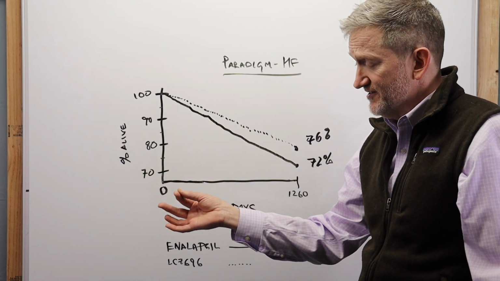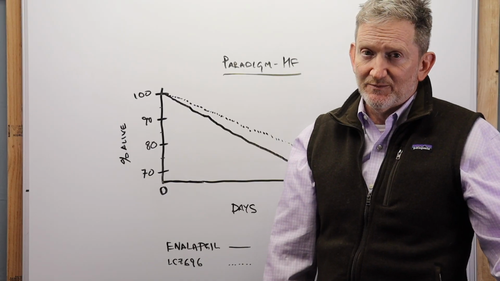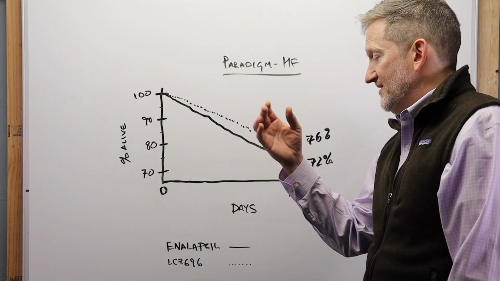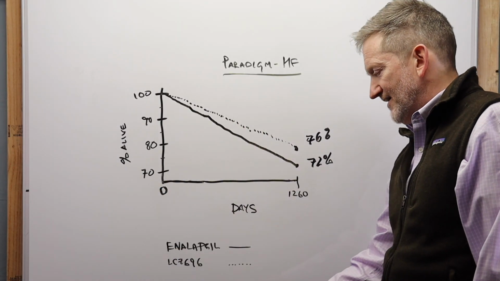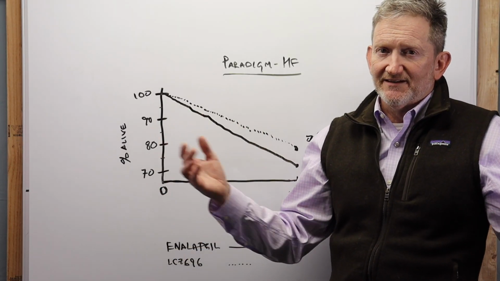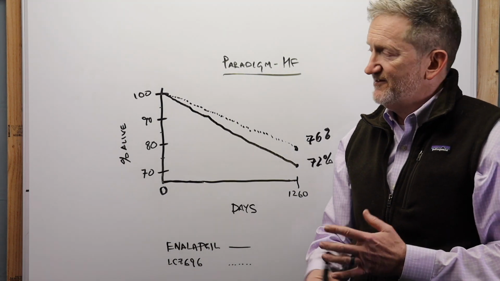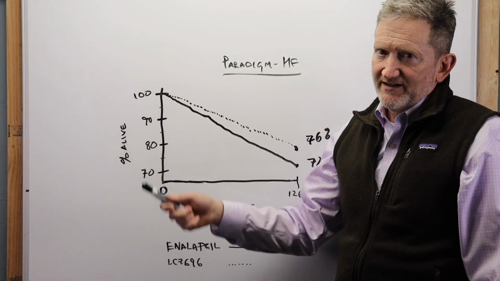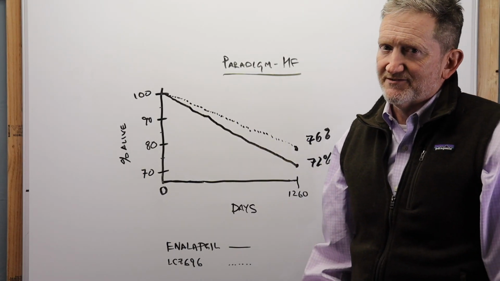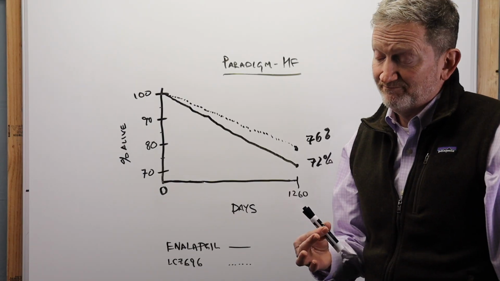You just had your life saved. If you had taken enalapril, you would be dead. Because you took LCZ 696, you are alive. That's it. And I'll show you how to do this for any study with a Kaplan-Meier curve and a ruler and a pencil and a calculator.